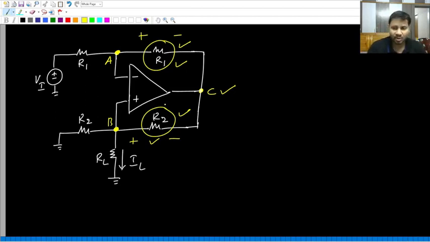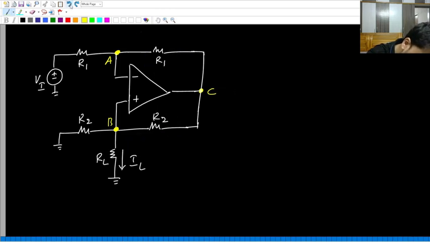This is an important observation which can be used in solving many circuits. Let me erase everything. Now look carefully. What is this voltage drop?